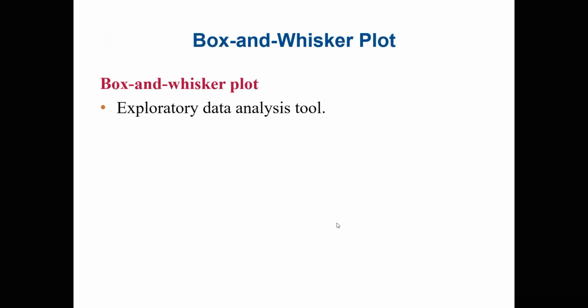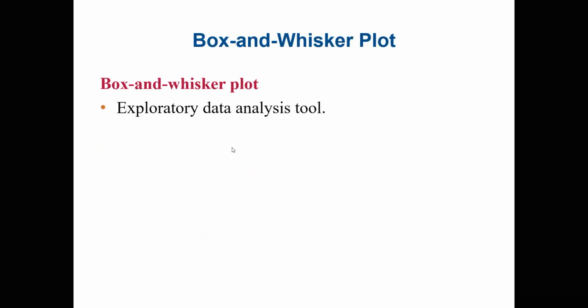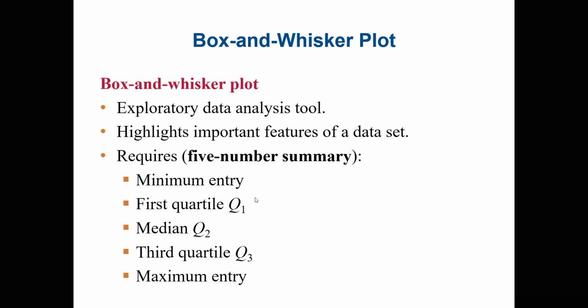Now, the knowledge you are taking from here, you will be using it. So it's very important for you to fully understand the concept of quartiles, because when you come to a plot such as the box and whisker plot, it helps to show that graphically, because you will take a look at the minimum, the max, first quartile, median, and the third quartile.